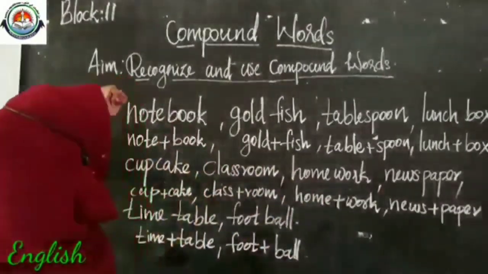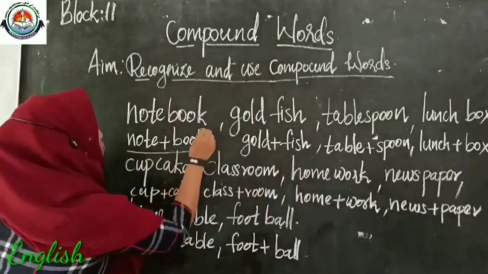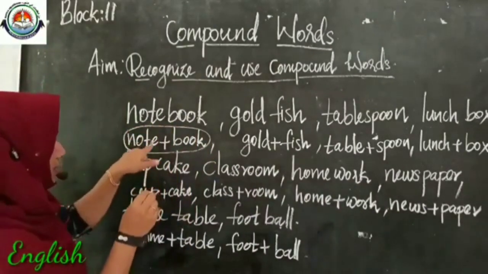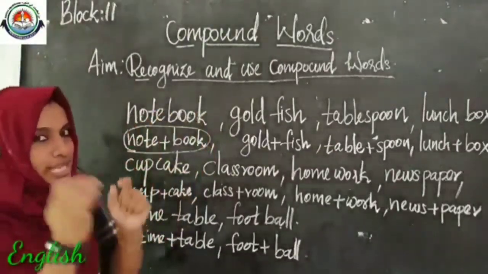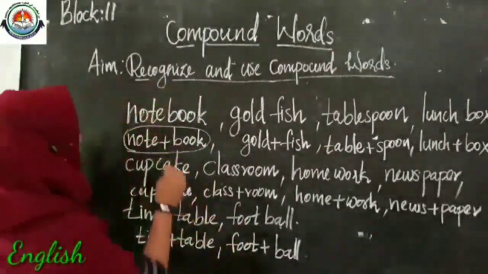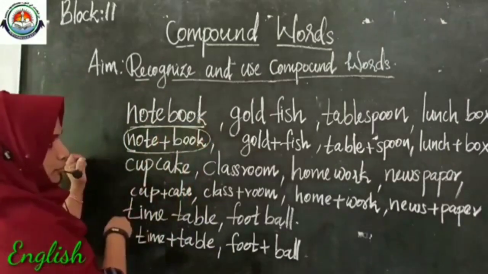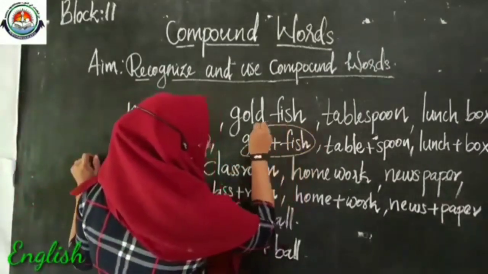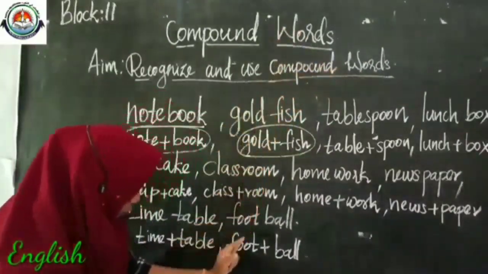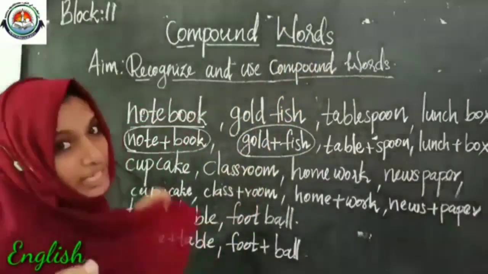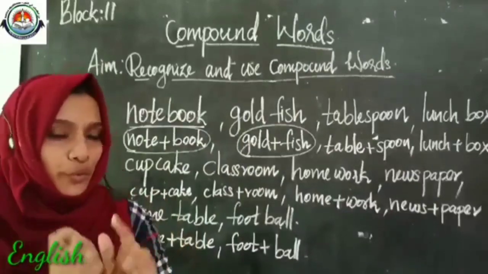Means here we are adding two words like note plus book. So by adding these two words, we'll get a new word. It is notebook. Then here gold plus fish, it is goldfish. So here in all these words, we are adding two words.